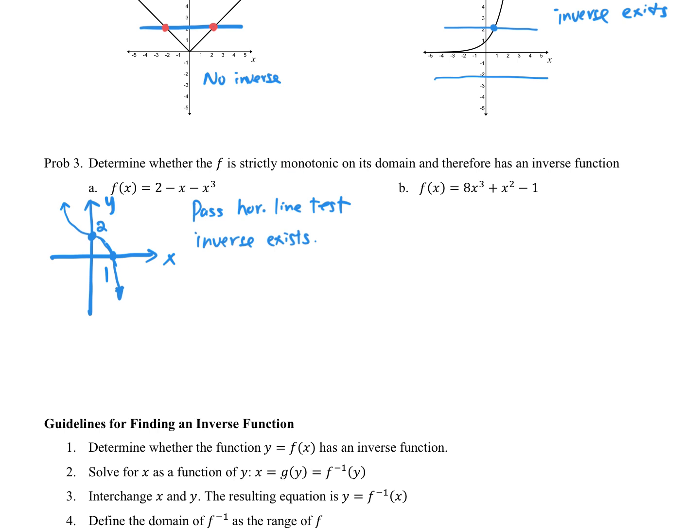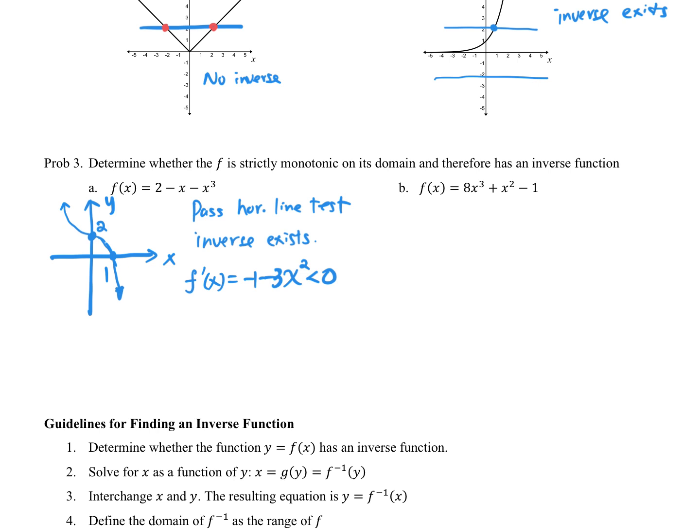For instance, we can find f prime of x, the derivative of this polynomial. It is -1 minus 3x squared, right? And because x squared guarantees that this will never be negative, therefore -1 minus 3 times a never-negative number will always be less than 0.